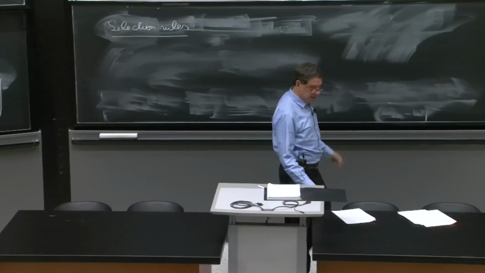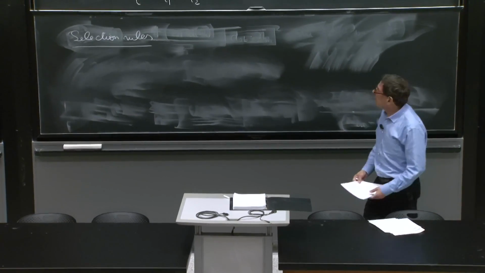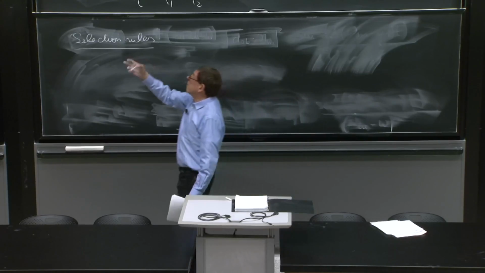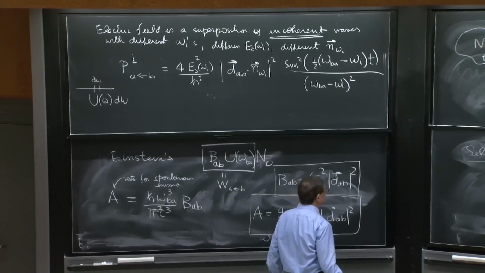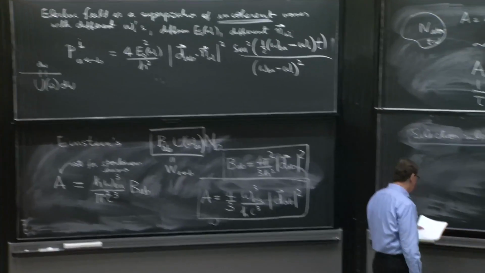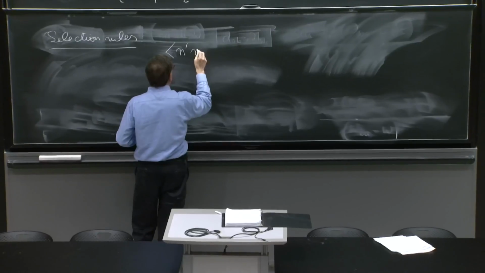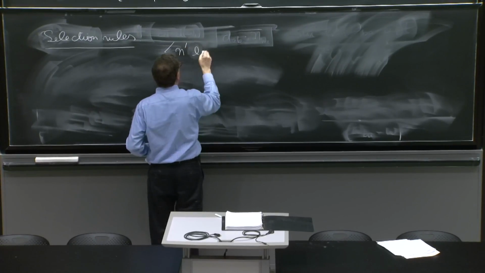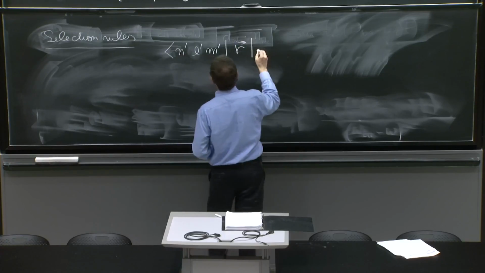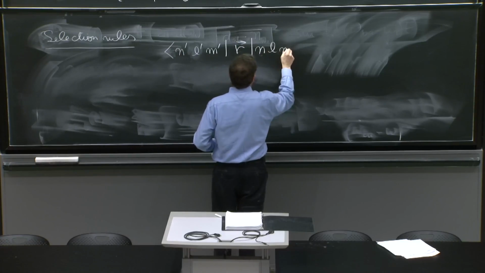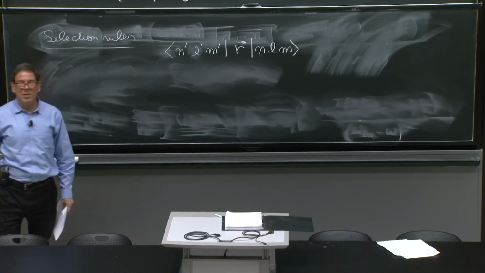It's very readable in Griffiths. And it has to do with the matrix element. So D is the dipole operator, so it boils down to R. So if you really knew the matrix elements between N, L, M and N prime, L prime, M prime, if you knew all of this, you would be done.